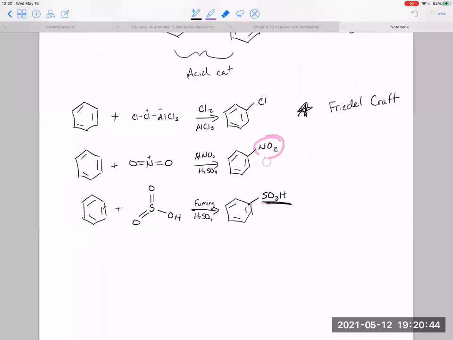Cool. And then the last sort of big one that we learned about that played an important role was something that we can do once we have nitrobenzene, and that is to turn it into aniline.